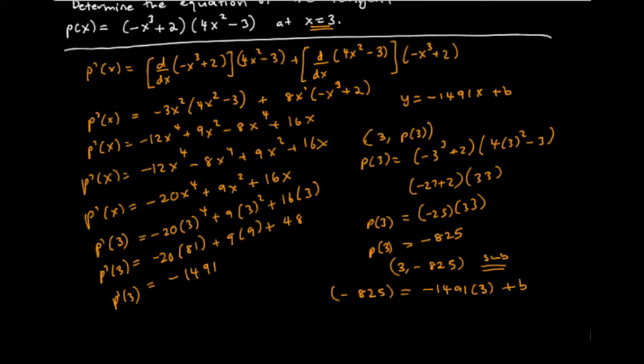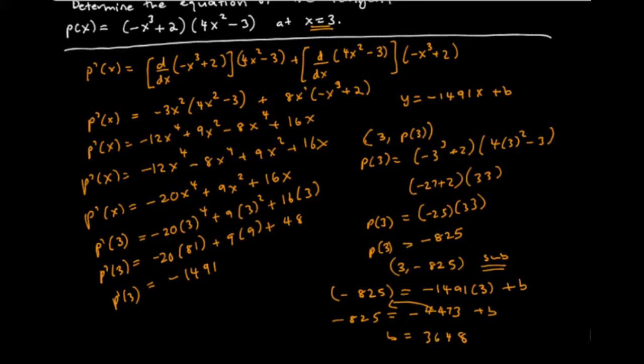And then if I crunch all this out, 1491 times 3 gives us negative 4,473 is equal to negative 825 plus b, and then I'm going to move this to the other side. So b here is equal to 3,648.